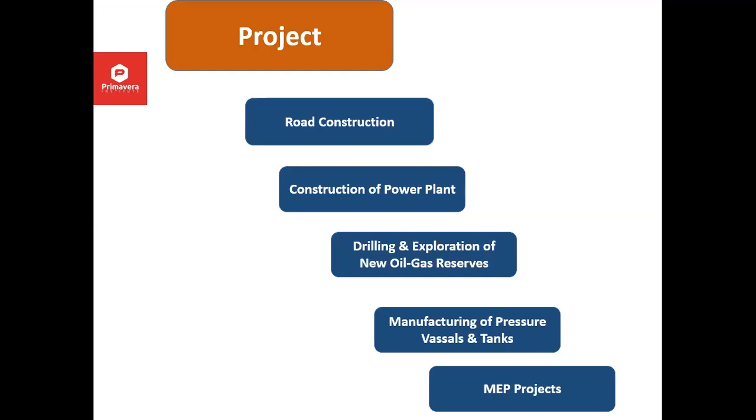Then drilling and exploration of oil and gas, and manufacturing of pressure vessels and tanks. Now you can observe that civil is differentiating from mechanical. The bottom ones are mechanical, petroleum, electrical projects, and the top ones are civil projects, road construction and construction of a power plant. And in a power plant, somehow mechanical and electrical are also involved. So I'm talking about all the engineering disciplines.